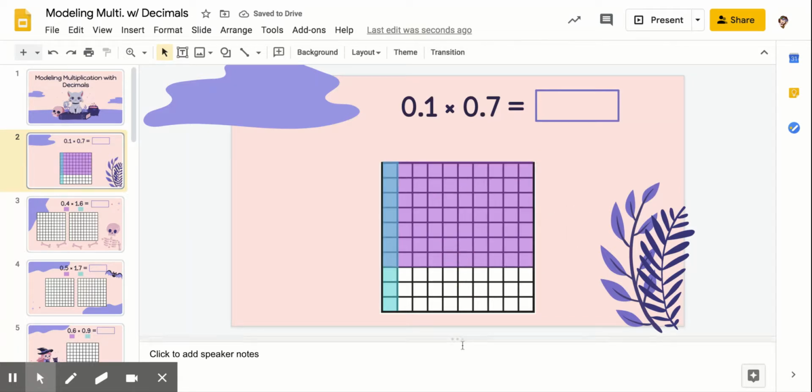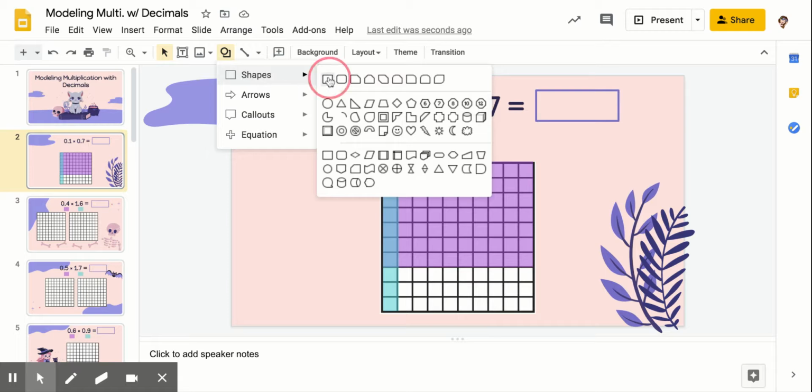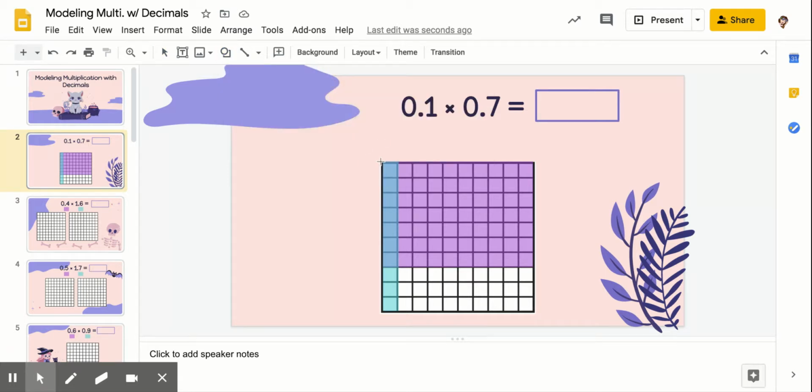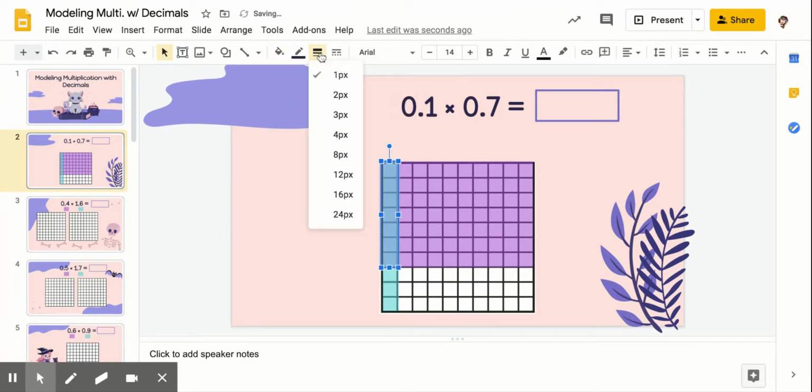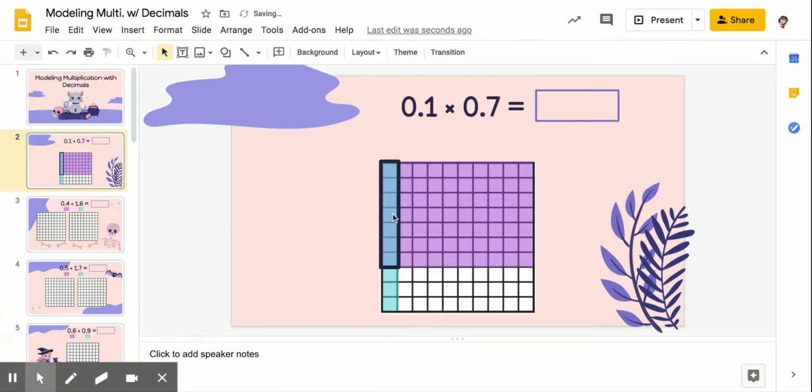So this is our model for multiplying 1/10 times 7/10. And our answer is going to be where they overlap. Right here is where they overlapped.